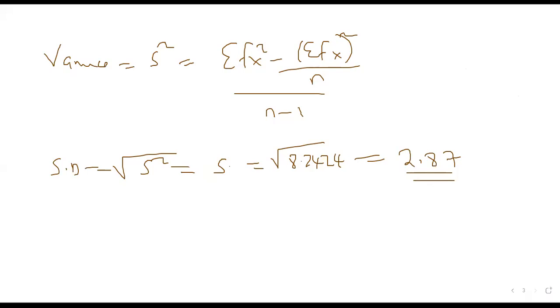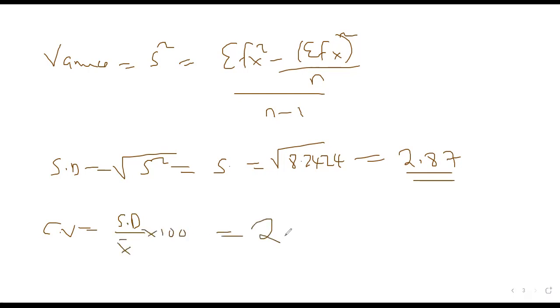So we now go to our coefficient of variation. Coefficient of variation, CV, is simply standard deviation divided by the mean times 100.